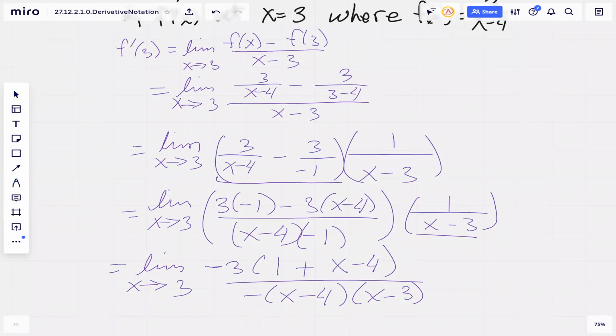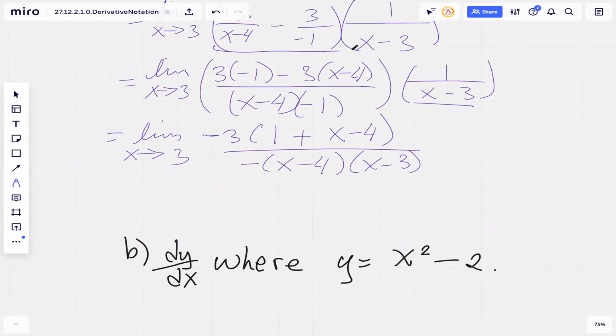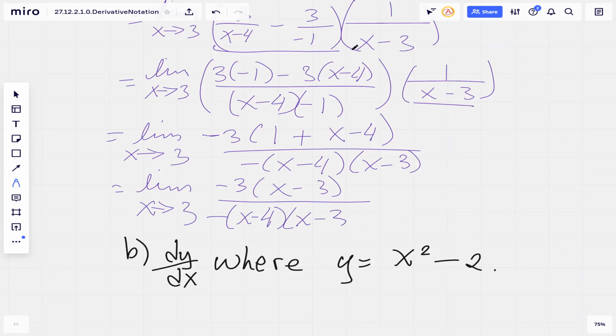Okay, in the numerator, we have negative 3 times x minus 3. It's perfect, 1 plus negative 4 is negative 3. And in the denominator, negative x minus 4 times x minus 3. So we can cancel out the x minus 3, so that works out well.